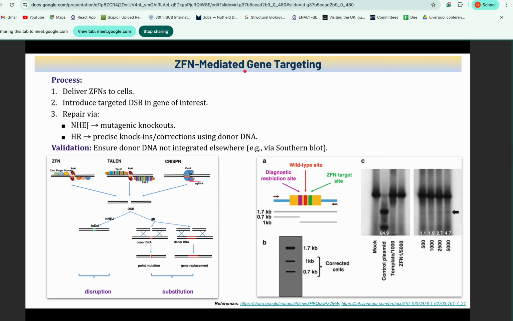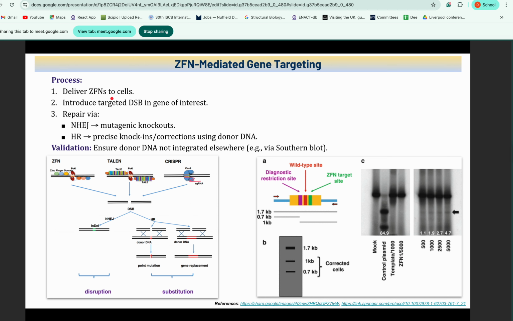Okay, now zinc finger nuclease mediated gene targeting. This is showing a similar thing, but we are adding some more details. In this case, we deliver the zinc finger nucleases to the cells. Now keep in mind the difference between a zinc finger domain and a zinc finger nuclease. A zinc finger domain is a smaller structure of a big protein.